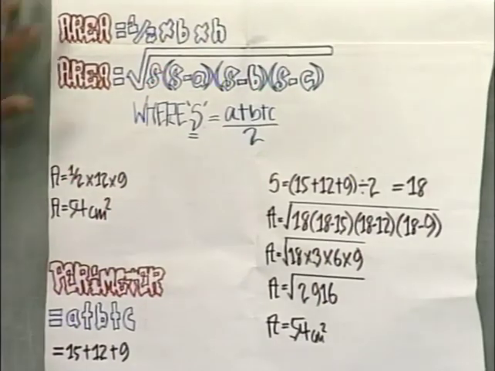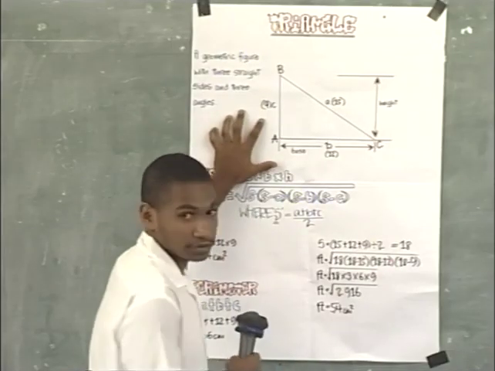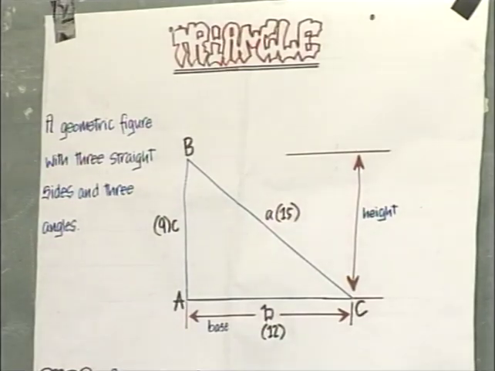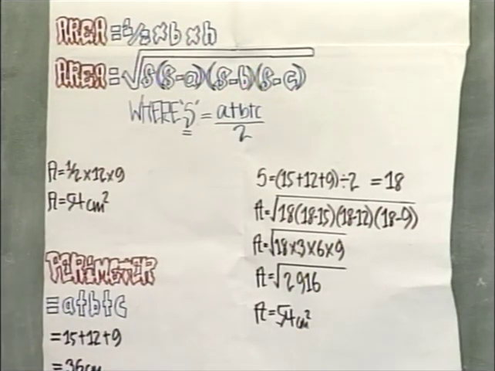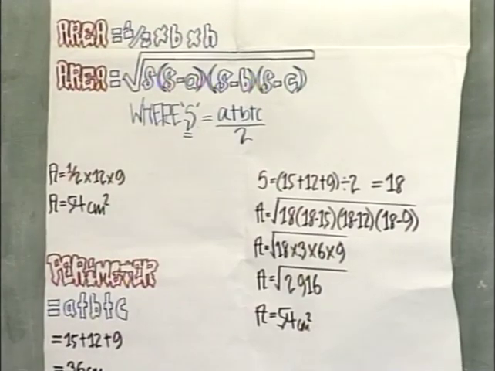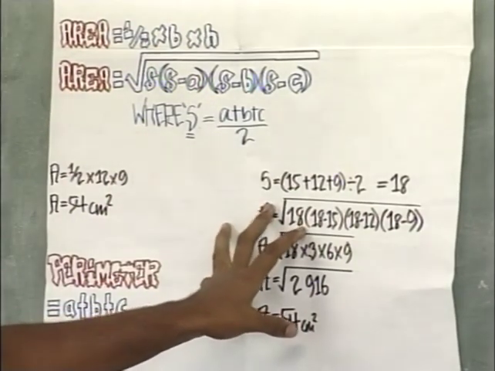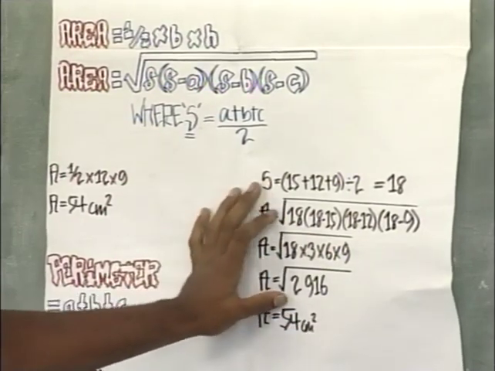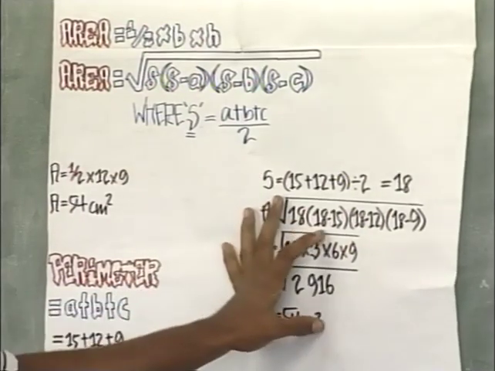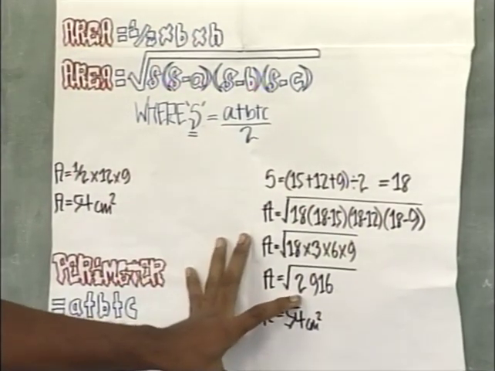When we substituted the lengths, for example, A is 15, B is 12, and C is 9, S is 18. Area equals the square root of 18 times 3 times 6 times 9, which is the square root of 2,916.